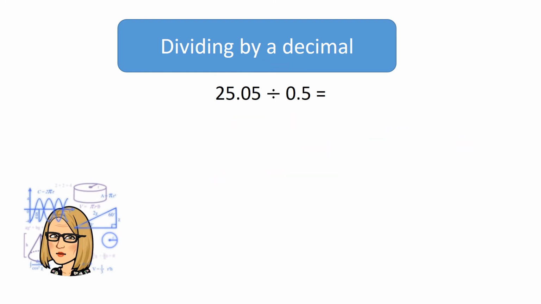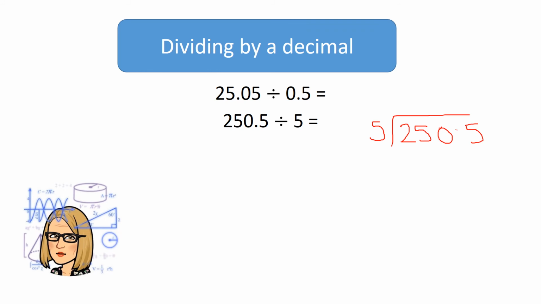Here's one for you to have a go at. Pause the video. So I've got 25.05 divided by 0.5. Okay, to turn that 0.5 into a whole number, I've got to multiply it by 10, which means I've also got to multiply 25.05 by 10. So now I've got 250.5 divided by 5. I can use my bus stop for that. So let's pop that 5 there. 250.5.